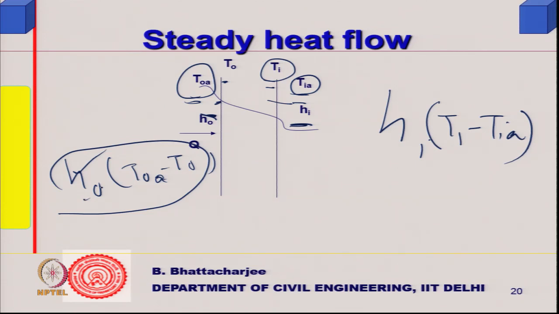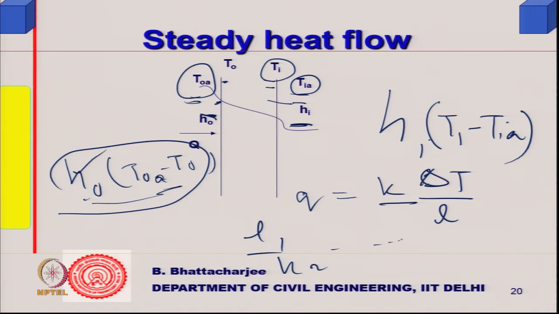Remember Q was K delta T divided by L, so L over K is the resistance: L1 over K1, L2 over K2, etc. Here Q is a function of H into delta T, so 1 by H is a resistance, the surface resistance. This comes from linearizing the heat transfer, as we have done.